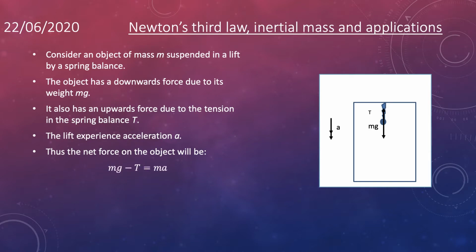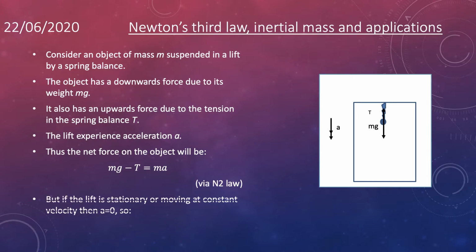So the net force on the object will be mg minus T, and that equals ma via Newton's second law. But if the lift is stationary or moving at constant velocity, it is not accelerating via Newton's first law. So acceleration is 0. We get mg equals T. The tension is equal to the weight.